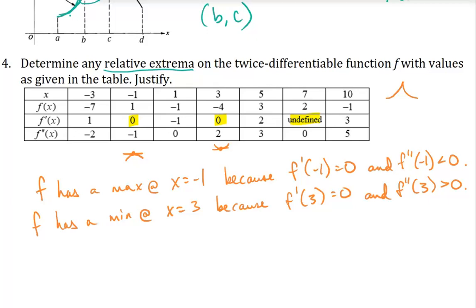And here, even if we said, okay, the second derivative wouldn't exist. I'm trying to think of an example where the first derivative is undefined, but the second is not. Nothing is coming to mind. There might not be.